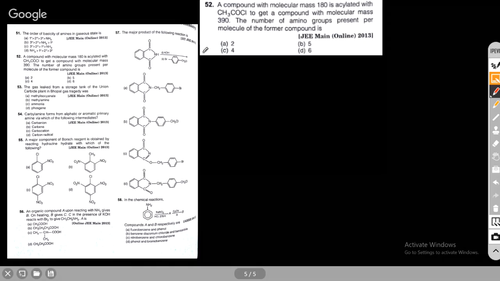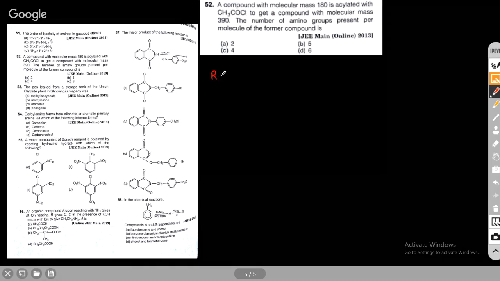See here what happens. A compound with molecular mass this gives a compound of molecular mass this; the number of amino groups. Amino groups we have, right? If you see, it is an acylation reaction.